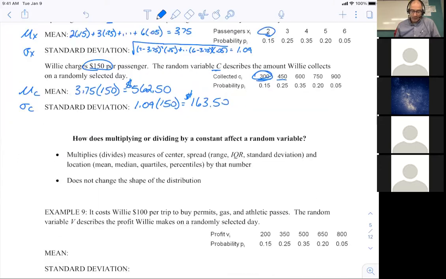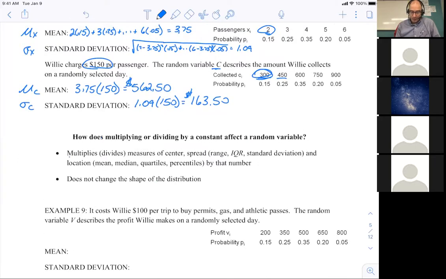So what we have to remember here is when we multiply or divide, everything is affected by multiplication and division. And again, that does not change the shape of my distributions when we get into those shape things later on down the semester.